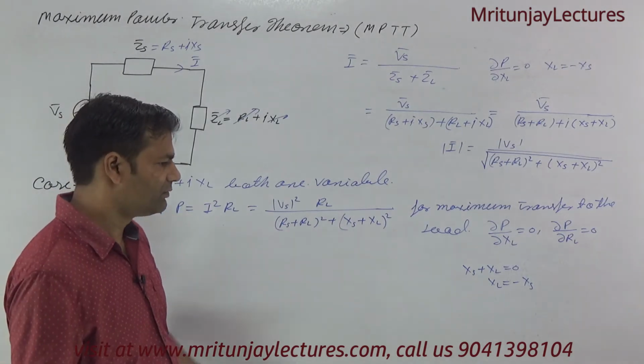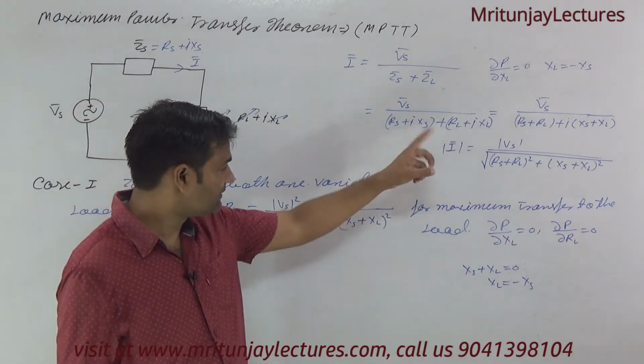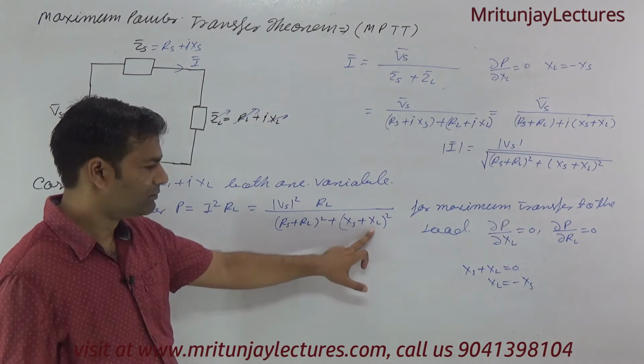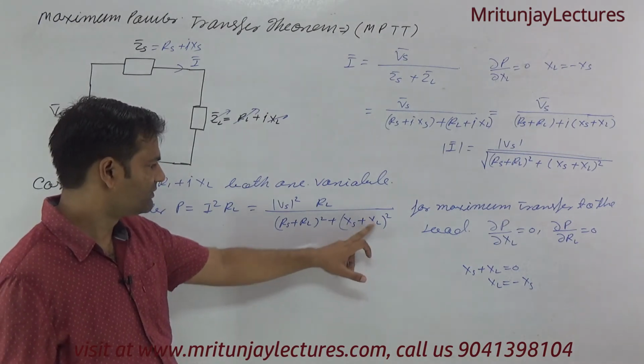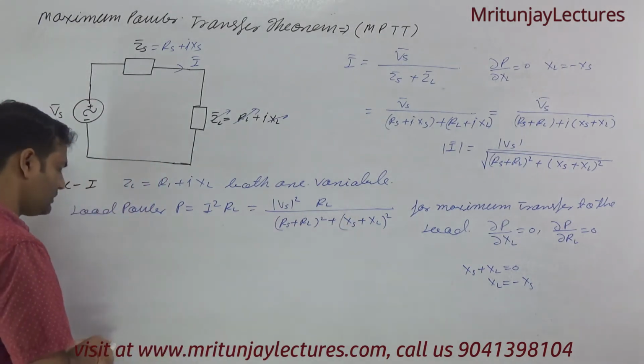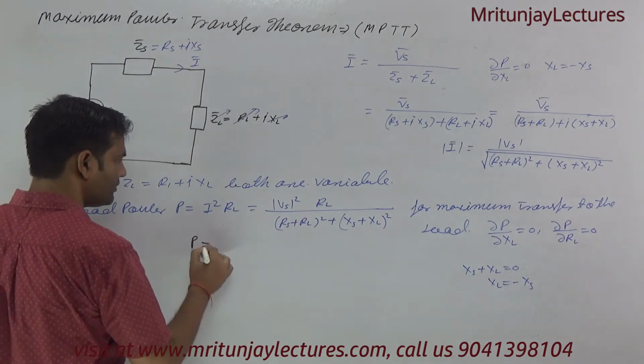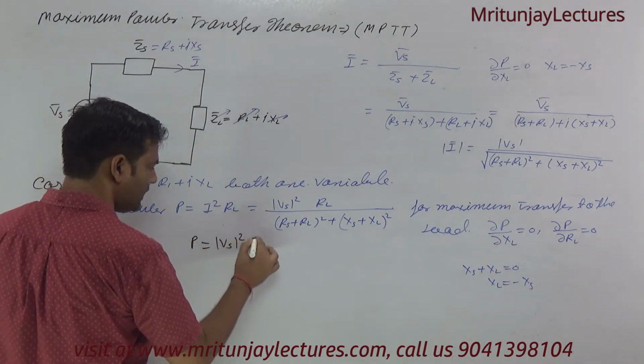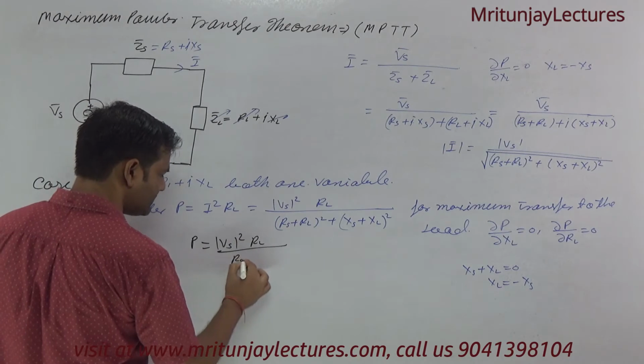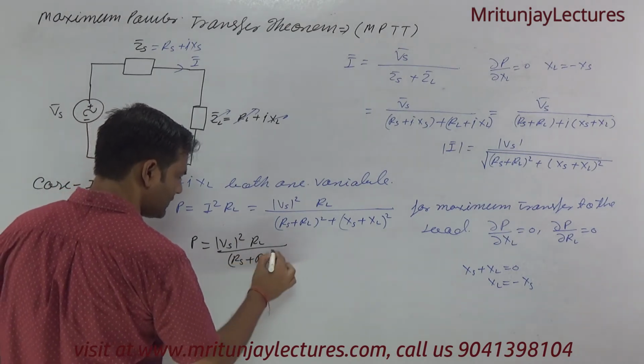Now if this value XL equal to minus Xs is put here, then this term is 0. Then we got P equal to Vs square into RL divided by Rs plus RL to the whole square.